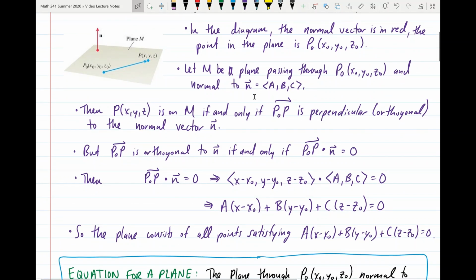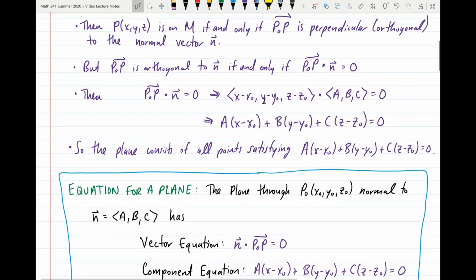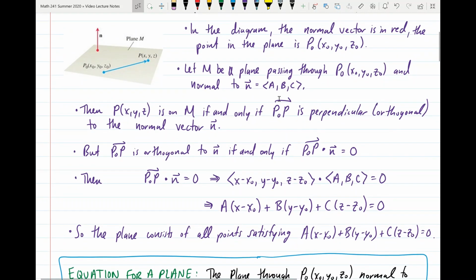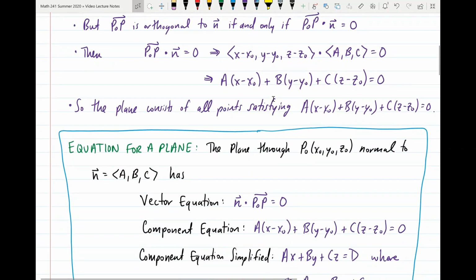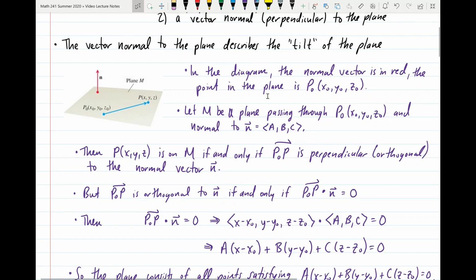And now we want to work on developing the equation for a plane, a way to represent the plane. Similar to the way we did for the line, we're going to have a vector equation and then a component equation in this case. So let's work on developing those equations.